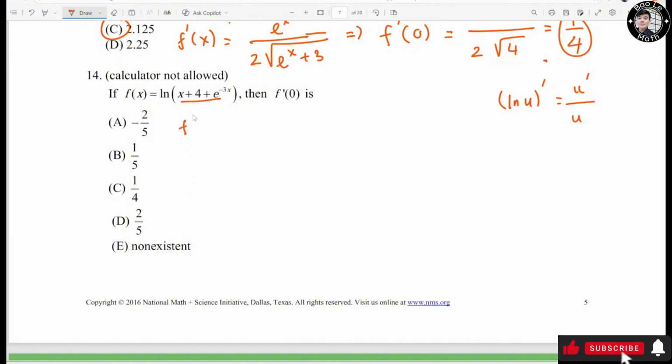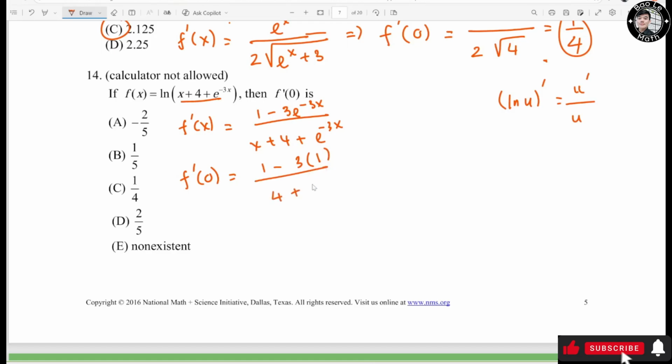So we have f prime of s equals the derivative of this one, which is 1 minus 3 e to the negative 3s, over s plus 4 plus e to the negative 3s. So f prime of 0 is 1 minus 3 times 1 over 4 plus 1, so 1 minus 3 is negative 2 over 5. The answer must be A.